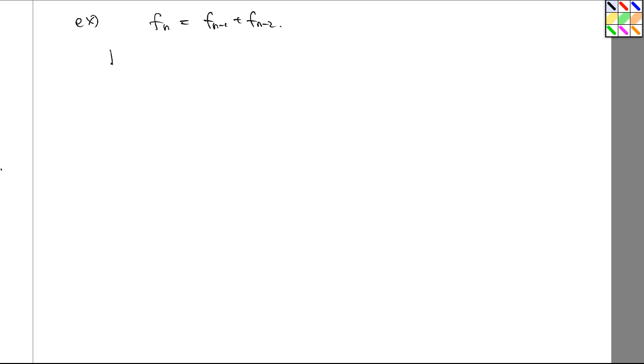The characteristic polynomial in this case is x squared minus x minus 1. So what is the solution to this? If you set it equal to 0, then x equals 1 plus or minus square root of 5 over 2.